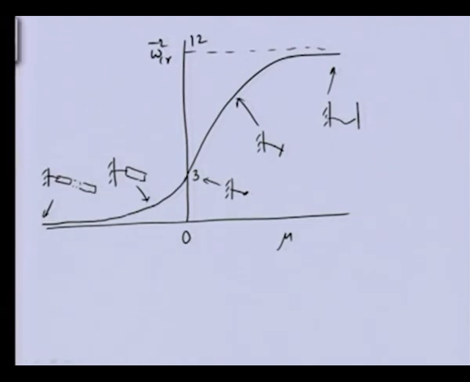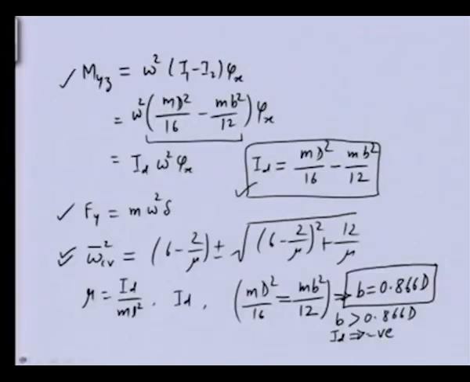So, the natural frequency becomes 0 for this particular case. So, you can see that whatever we have derived, this equation represents not only the thin disk case, but also the long stick case.